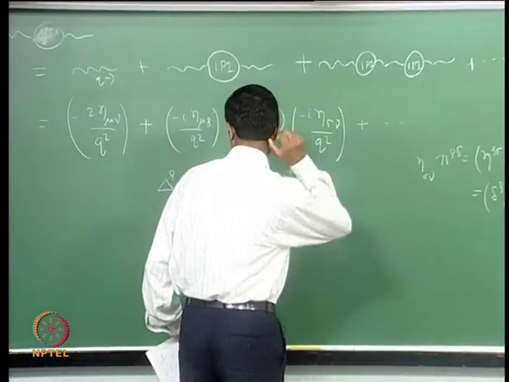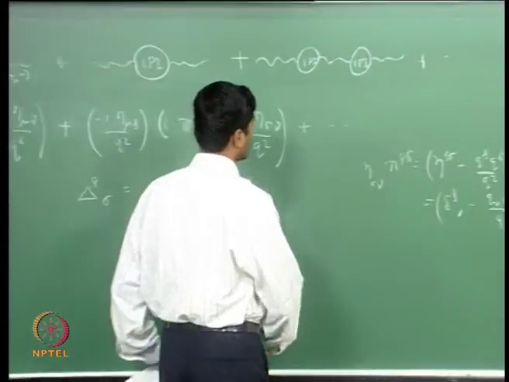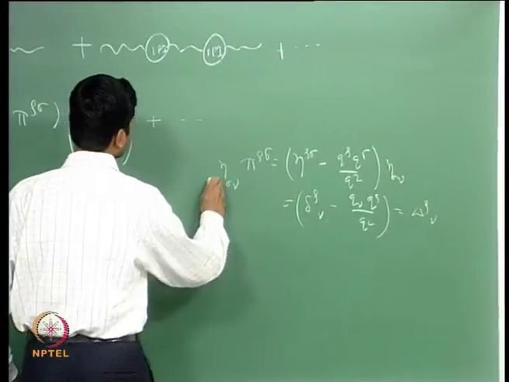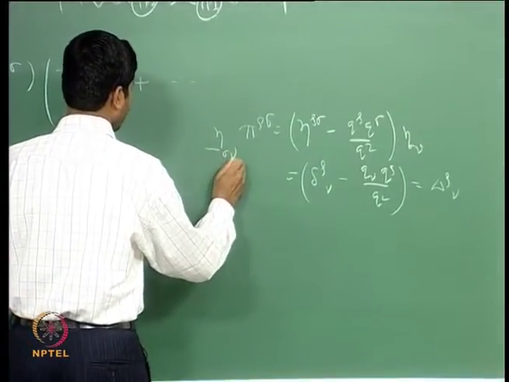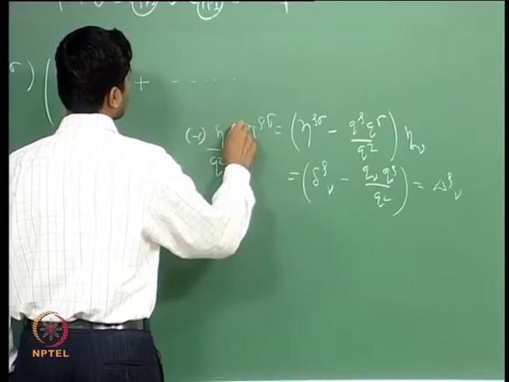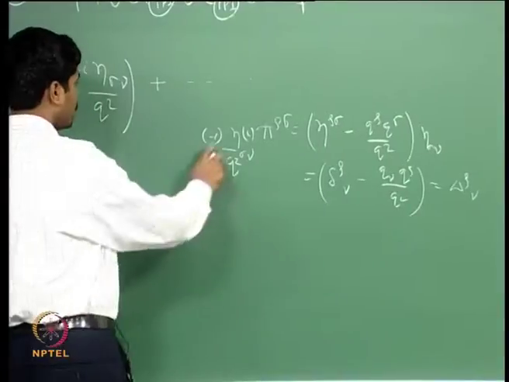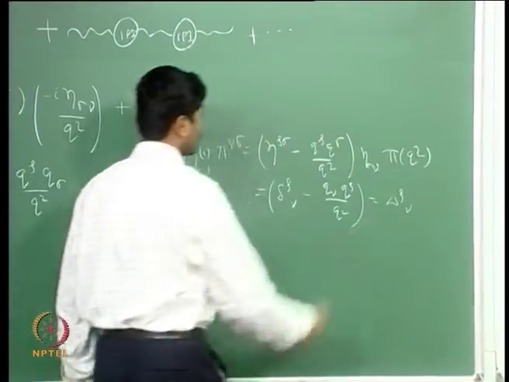This is just for convenience, so that I will not have a 1 over q² here. So, η_μν times η_ρσ divided by q², minus i times i π is given by this times π of q² here.